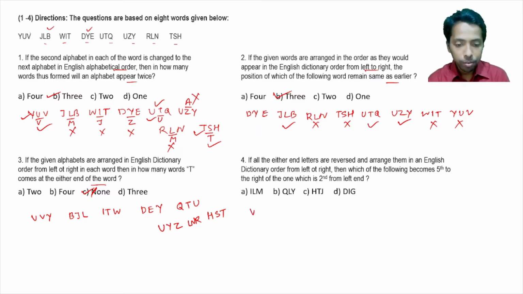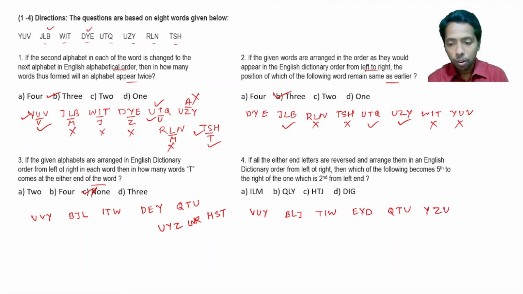So first of all, V, U, Y, next is B, L, J, T, I, W, E, Y, D, Q, T, U, okay, this is reversed, right? Y, Z, U or N, L, R and H, S, T, right?